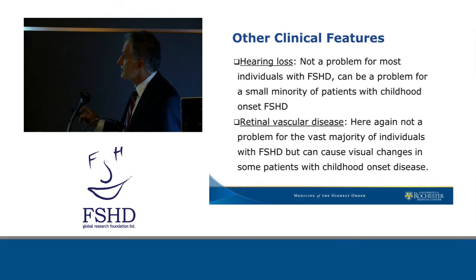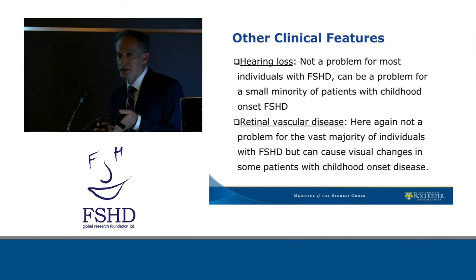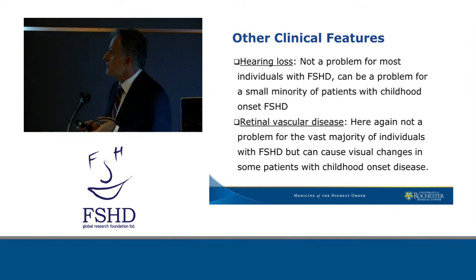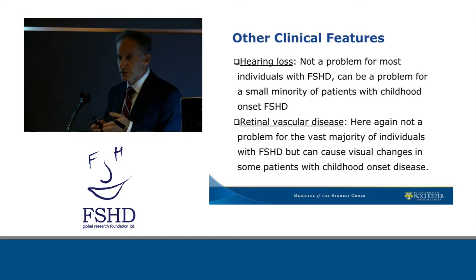And again, a lot had been written about hearing loss, and this has been focused down to an understanding now that the only individuals who have FSH that get into trouble as far as hearing are those with very few numbers of repeats left. So those with 1 to 3 repeats are really the ones who get hearing loss that needs to be addressed.